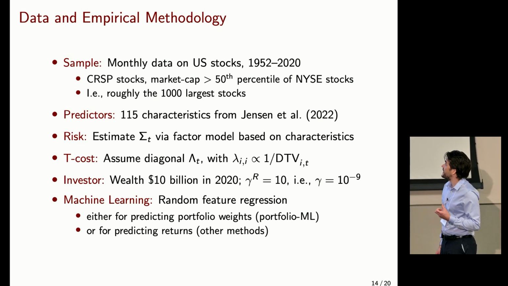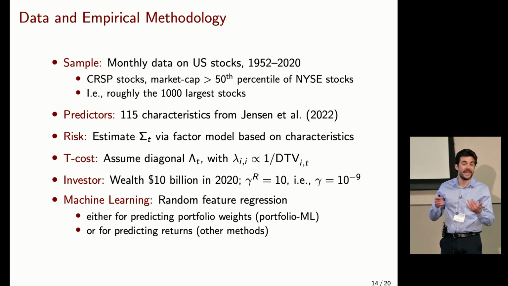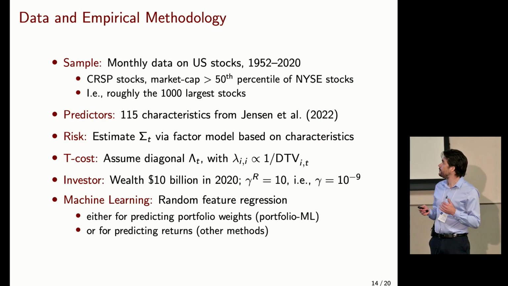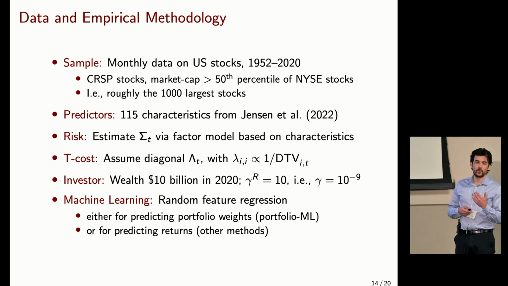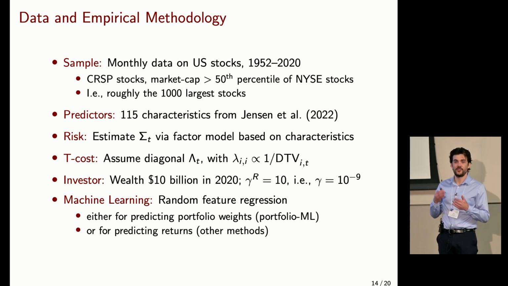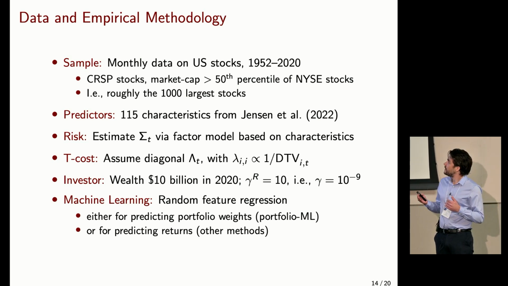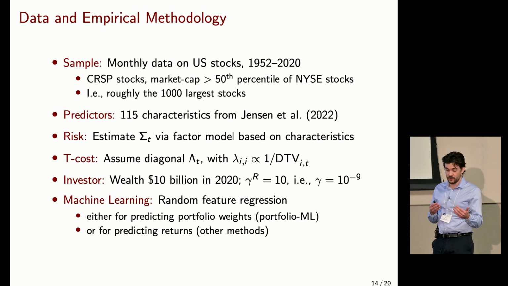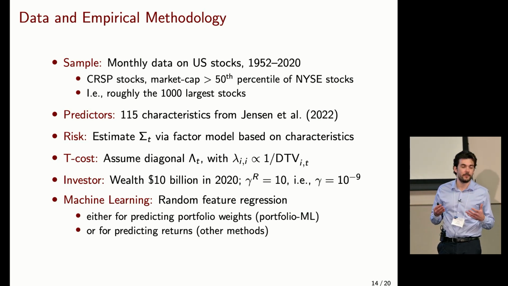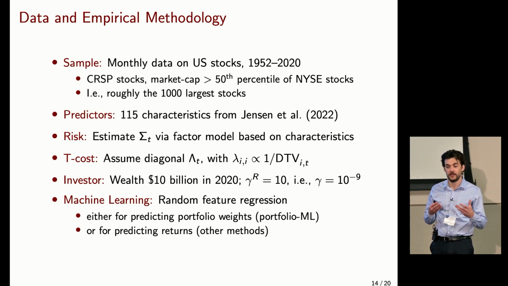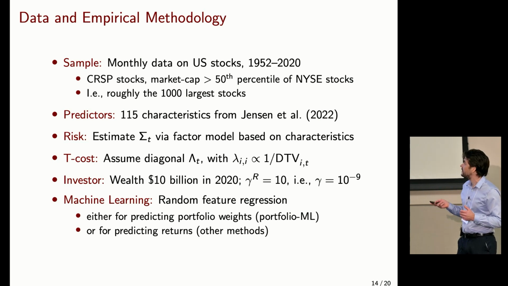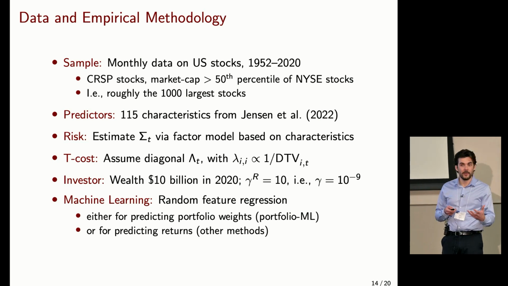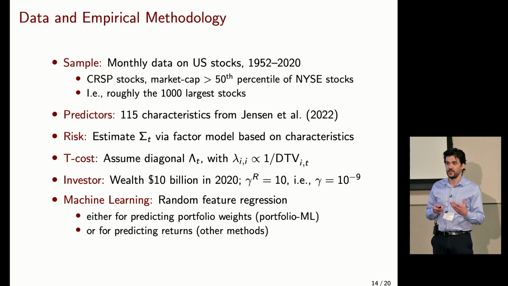We are restricting our sample to roughly the 1,000 largest stocks at each point in time. We're going to use 115 different security characteristics, and we're going to estimate the covariance matrix using a factor-based model based on characteristics. If you know the Barra model, which a lot of practitioners are using, we're going to use something very similar to that.